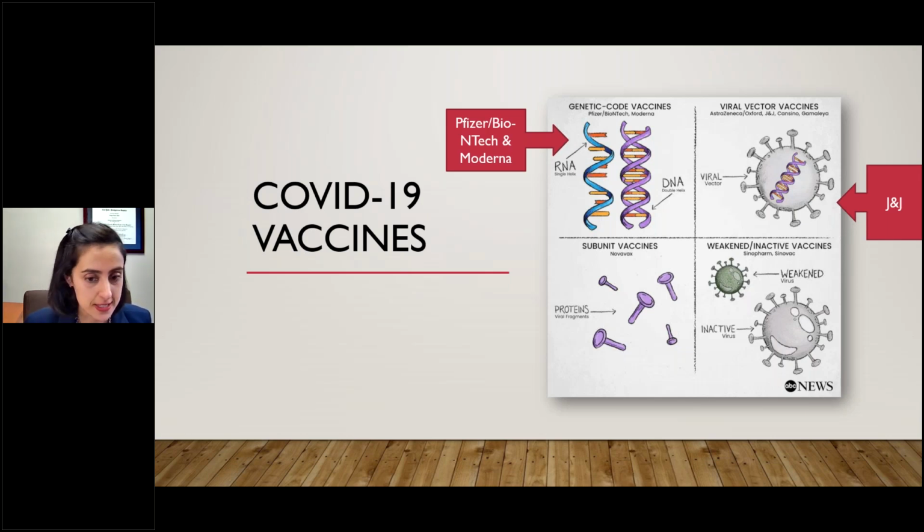What does this mean in terms of vaccines? So let's just review quickly, what are we working with in terms of vaccines? The two earliest vaccines to obtain EUA from the federal government are the two mRNA vaccines. These are made by Pfizer and Moderna, and this is what most healthcare workers got.